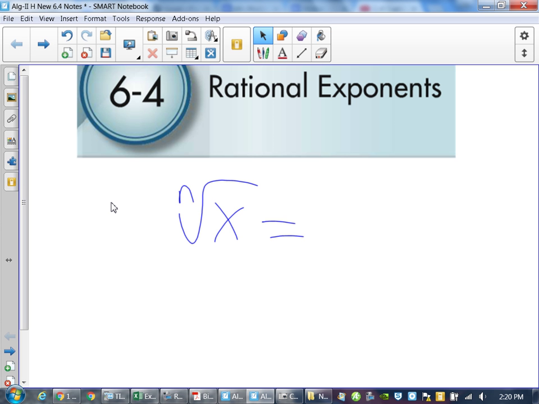Cube roots were x to the 1/3, fourth roots are x to the 1/4. So basically what we're talking about here is any nth root can be rewritten as a fractional exponent. So what you get here is the nth root of x is x to the 1/n. And it works going both ways.